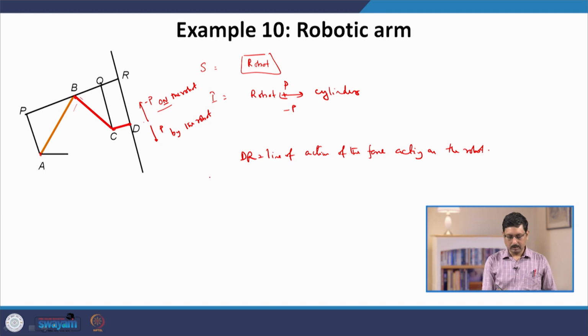Now you need to calculate the distance of this line of action from the pivot points.